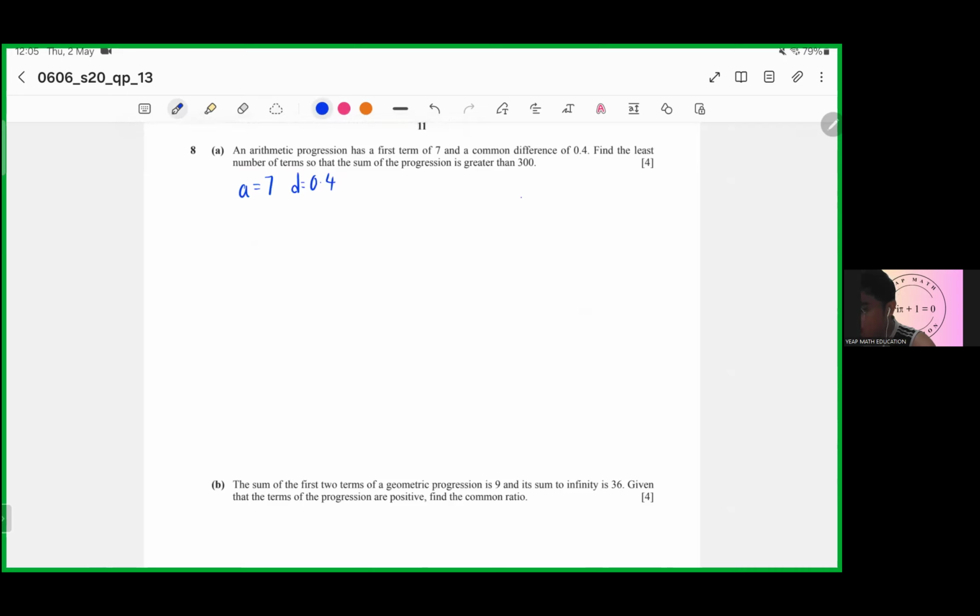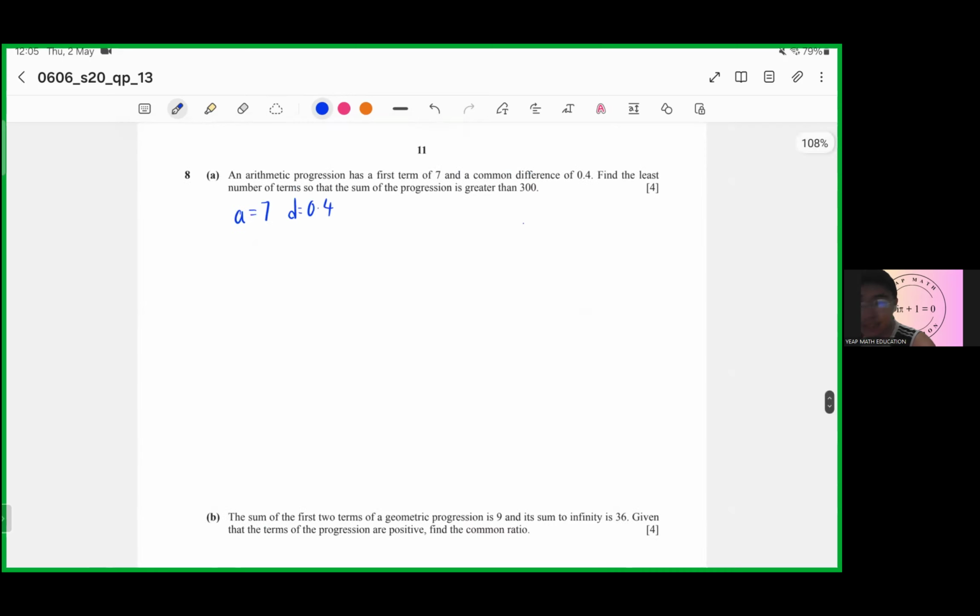Find the least number of terms so that the sum of the progression is greater than 300. So we can take n over 2 times 2 times 7 plus n minus 1 times 0.4, and then more than 300.